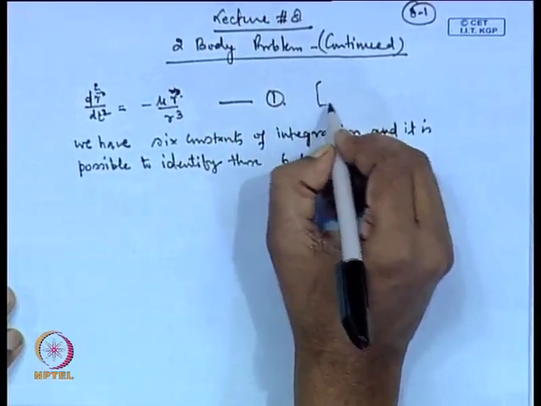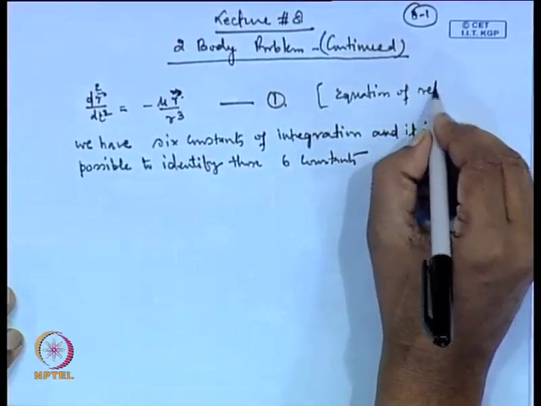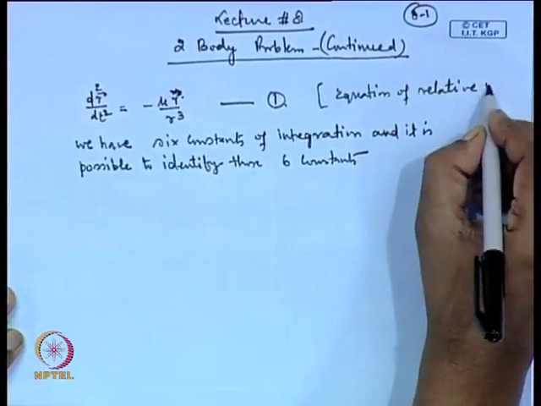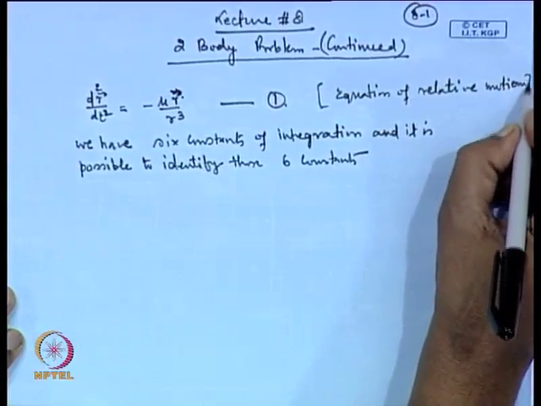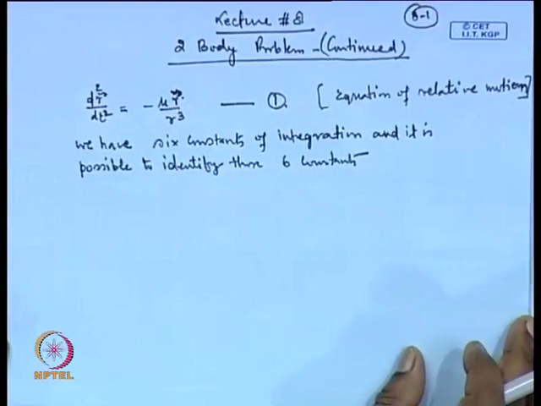This is the equation of relative motion. Okay. So, we can identify the 6 constants of integration.